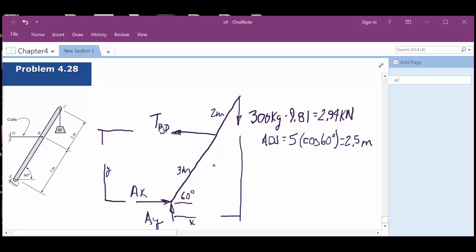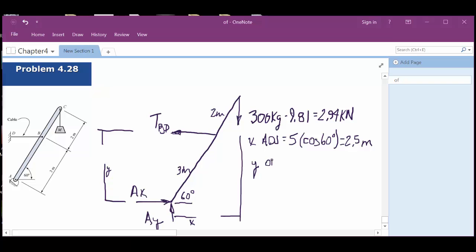Okay, then to get the other one, and that's the x value, right? To get the y value, we're going to go with the opposite over the hypotenuse is the sine.